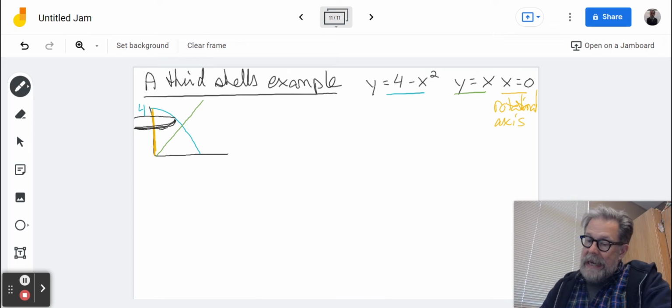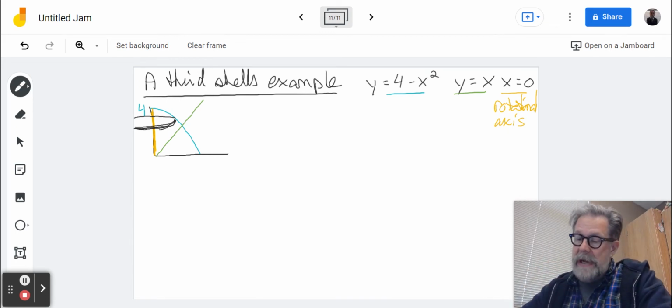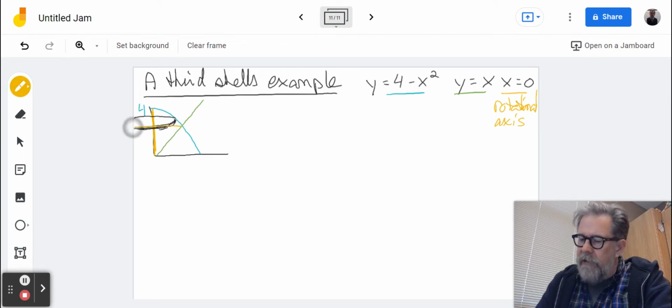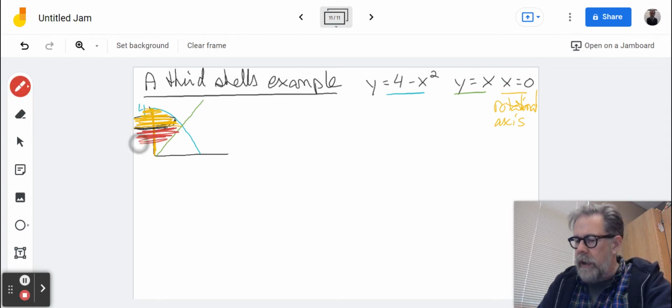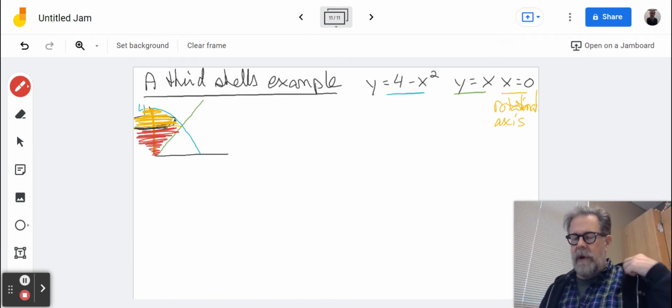Now, this is actually one which I find interesting because if we were to use disks, we would start by finding all of these disks, and then we would change gears and find all of these disks in order to find the volume of this.